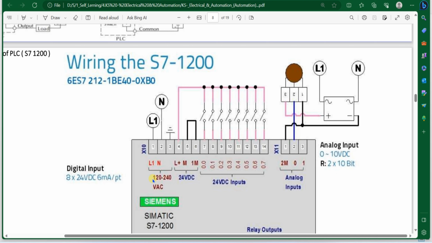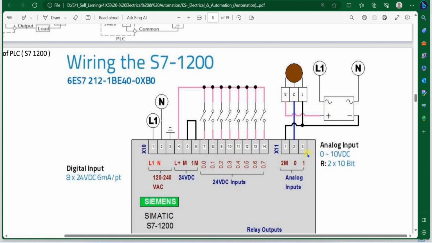VAC means AC voltage. In the input module we connect the switches. In the input module, as we can see in the graphic, 24 volt switches are connected.